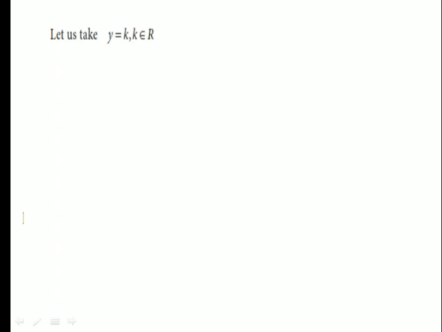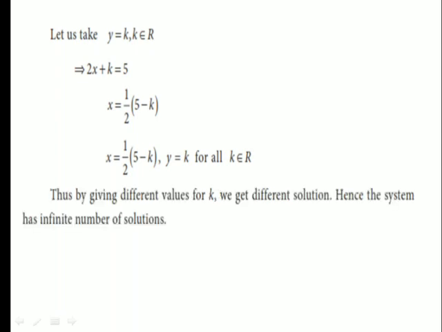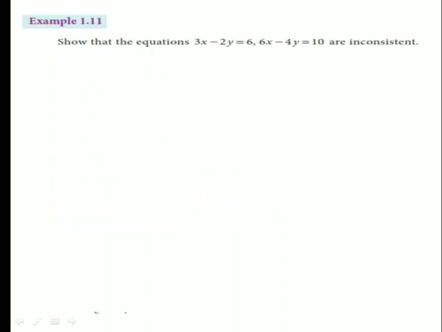Let us take y = k, where k belongs to the real numbers. 2x + k = 5, so x = (1/2)(5 - k), and y = k for all k in R. Thus, by giving different values of k, we get different solutions. Hence, the system has an infinite number of solutions.